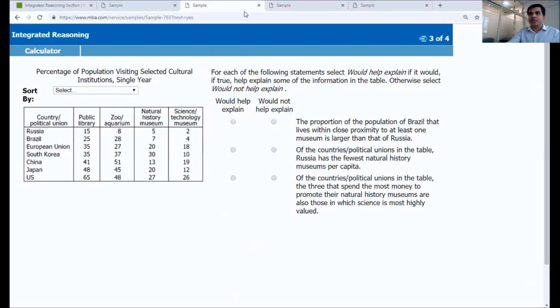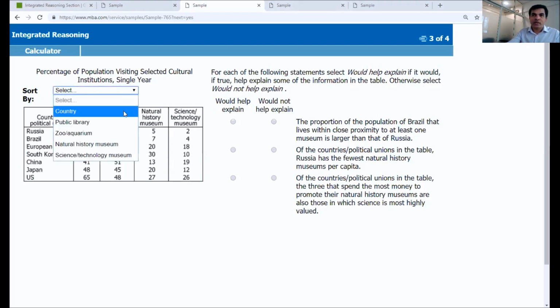So as we can see here, they have given us a table containing some information. There is a sort drop down available. It's very similar to the sort functionality that you use in Excel. On this sort, we can sort on any of the columns available to us.